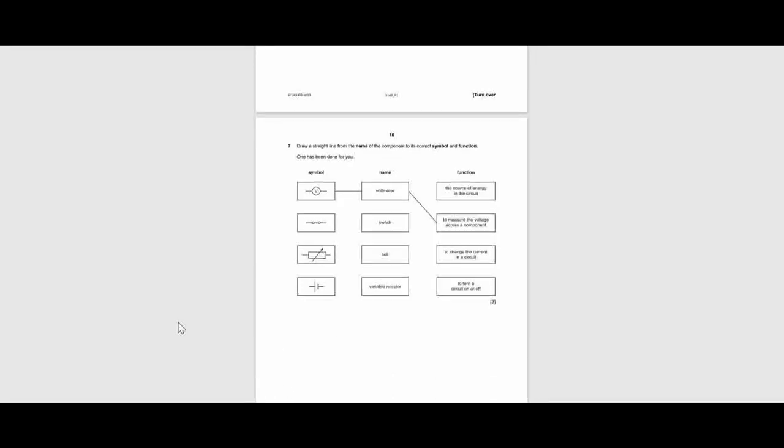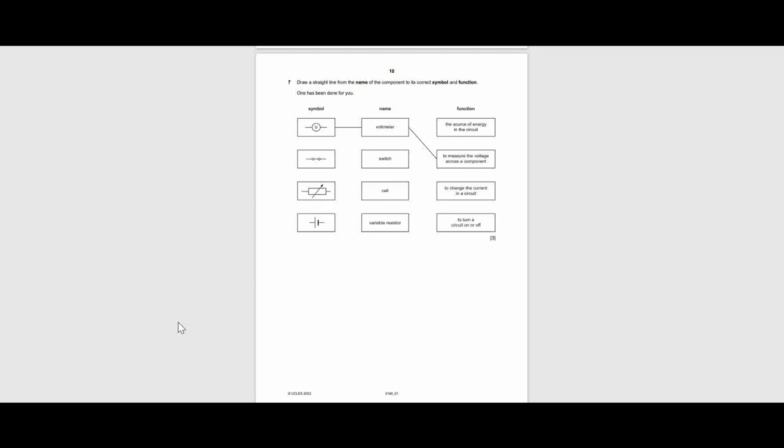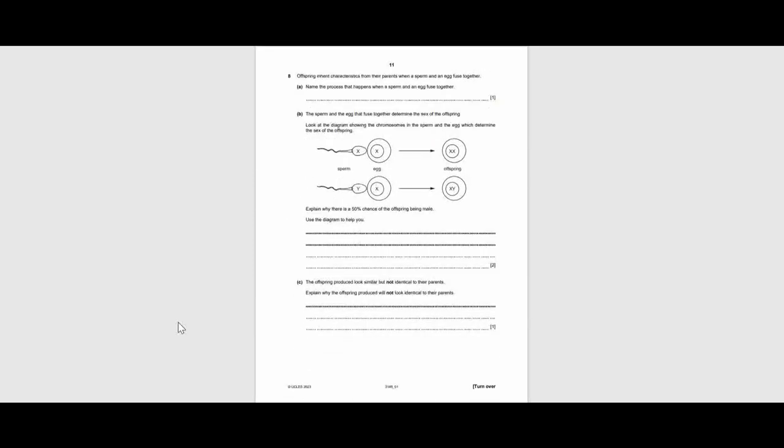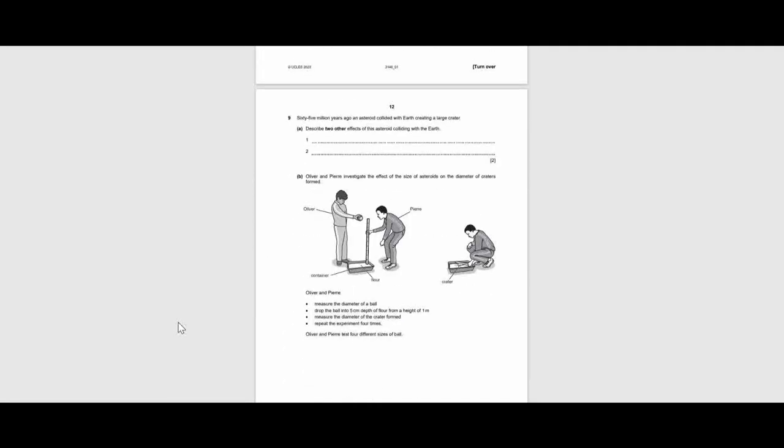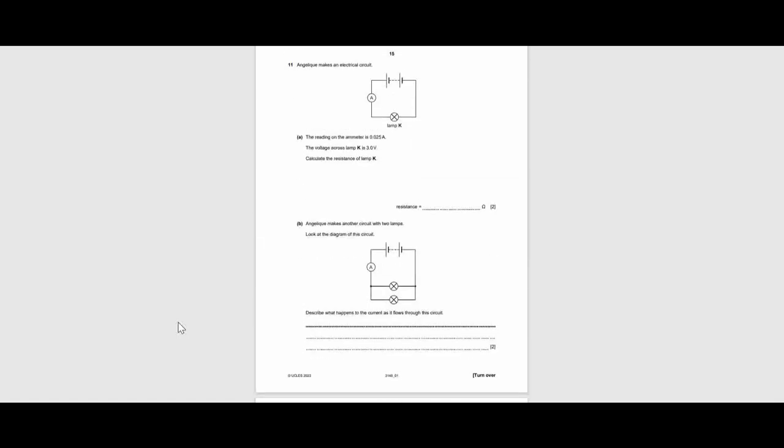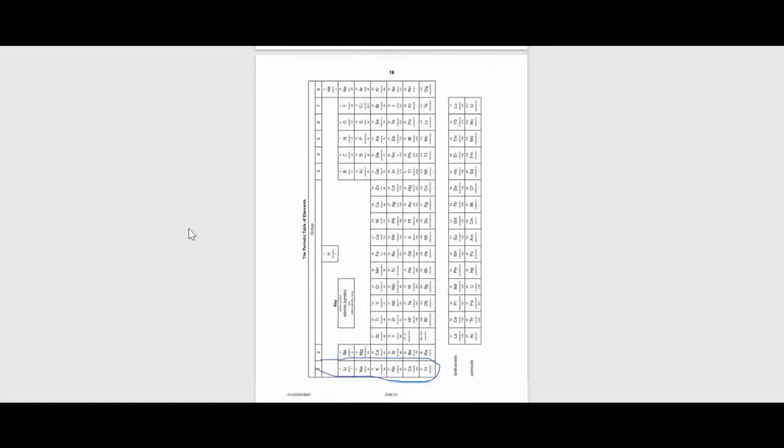Next is page 9. Next is page 10. And move on to page 11 and page 12, page 13, page 14, page 15, page 16, page 17, and this is the last page.